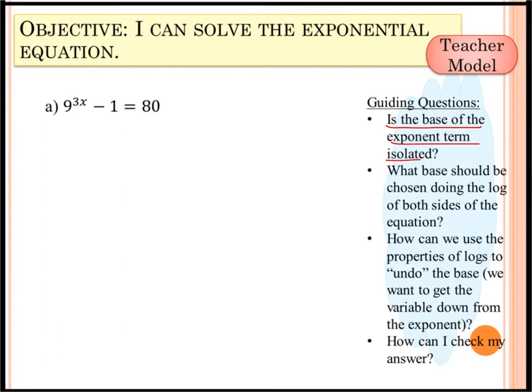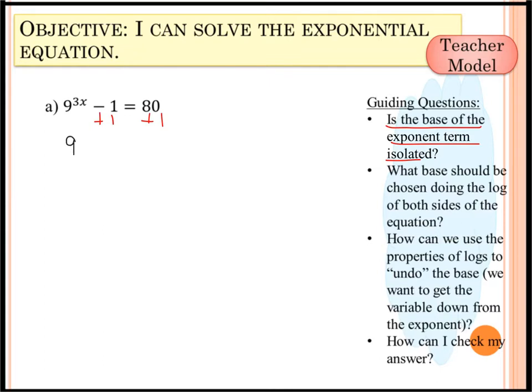Here our base is 9, and see how we also have that minus 1 on that same side? We want to get rid of it, and then our game plan is to take the log of both sides. But the first thing we want to do is get rid of that minus 1. So we can cancel it out by adding 1 to both sides.